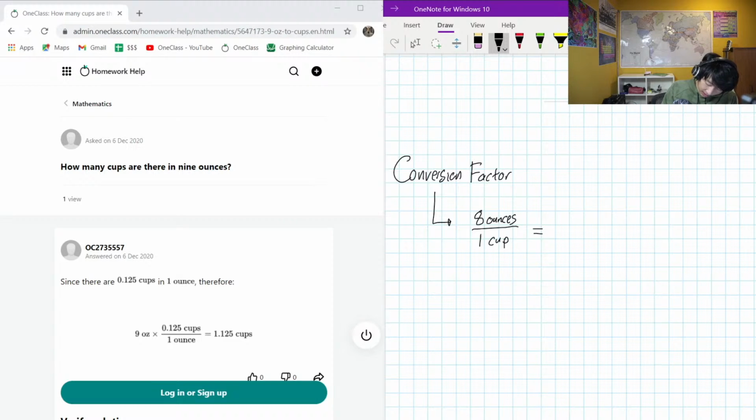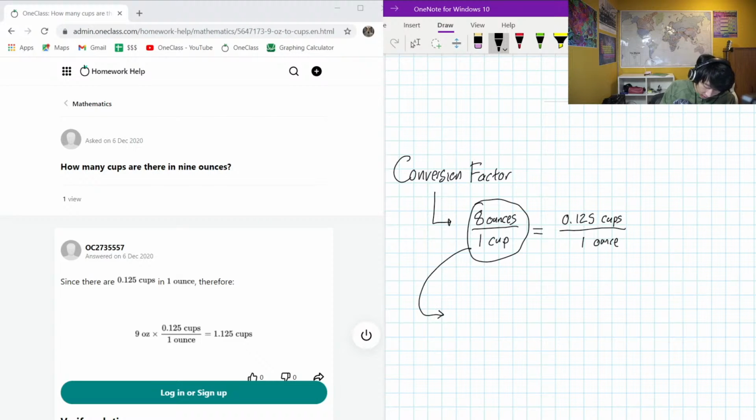Another way that we can say this is 0.125 cups per 1 ounce. These are the same conversion factor. We can use either one and not be worried about it. I'm going to prefer to use this one because it's going to be less to write overall. 8 is easier to write than 0.125, so that's the one I'm going to be going with.